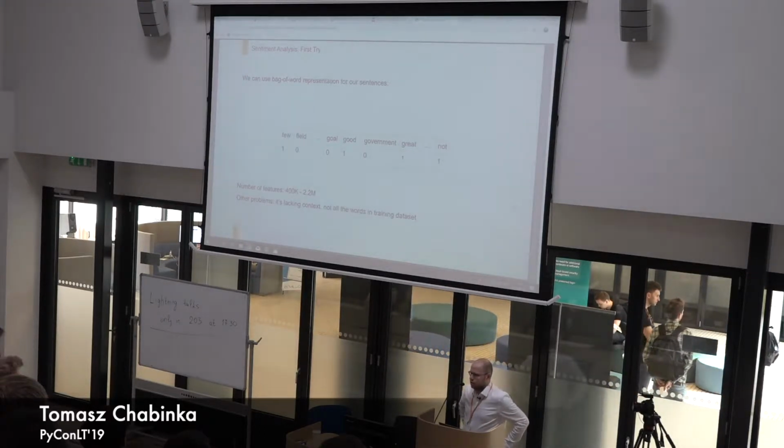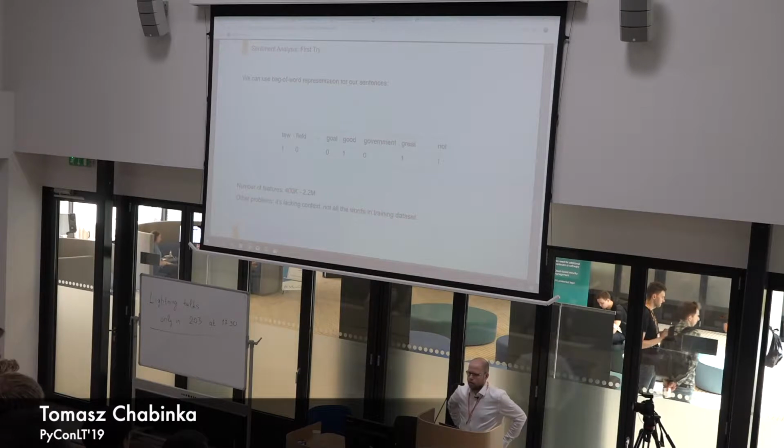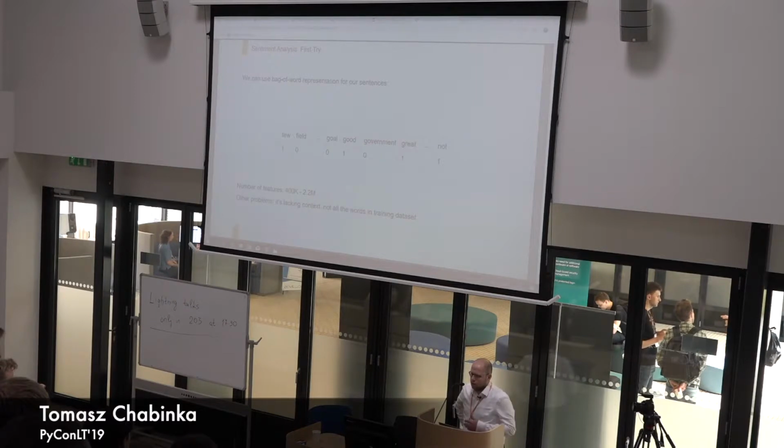If each word is a feature, we will have from 400,000 to above 2 million features. And the second one is that we lack the context of what was written, right? We know that in our sentence we had not and great, but we don't know if somebody wrote not great or it was completely something else.